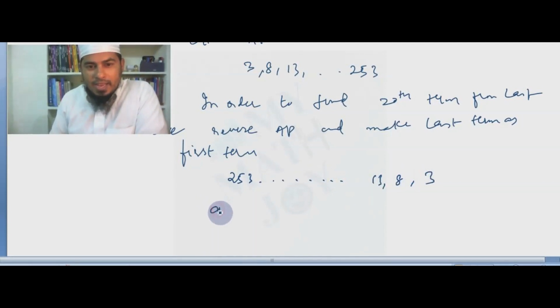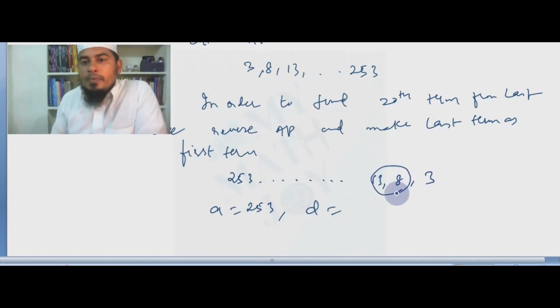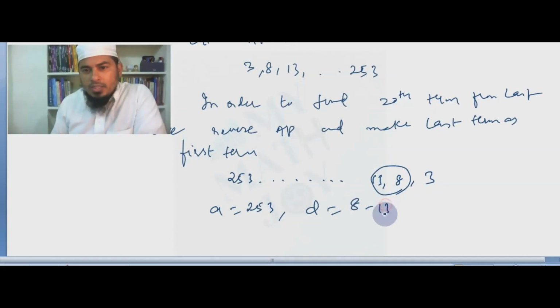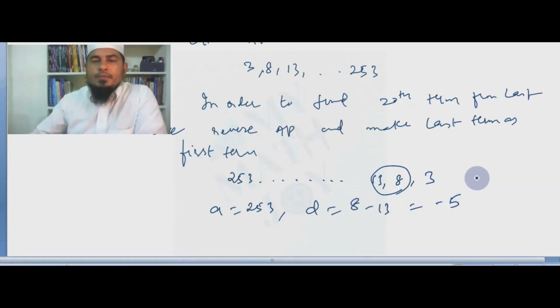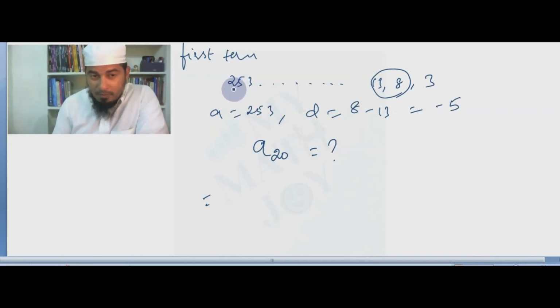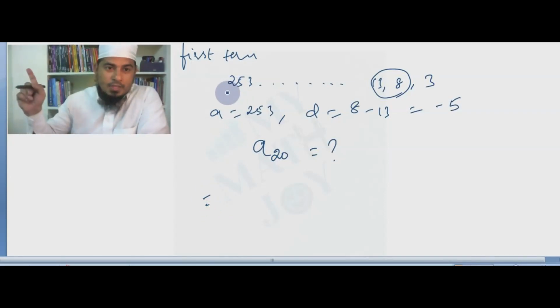So A is my 253. D will be the subtraction of any two successive terms: 8 minus 13, exactly minus 5. So we got everything, and we want now A20. A20 from this reversed AP will be the 20th term from the last of the given AP.